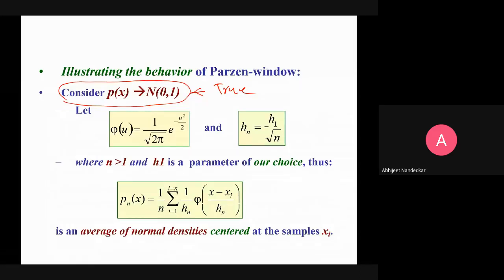So assume that we have a distribution which is really normal with variance 1. And we are using the Gaussian window here instead of rectangular. So we will find out the probability density estimation using the same equation, or using same Parzen method.